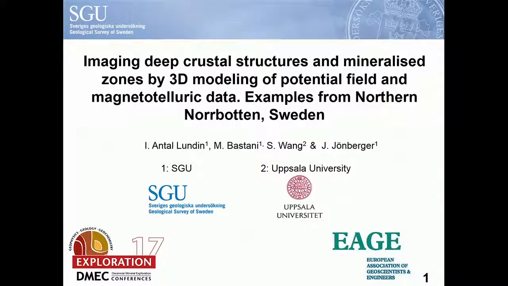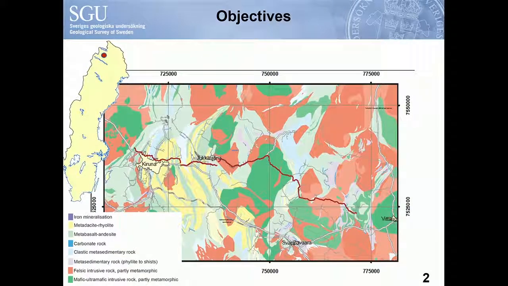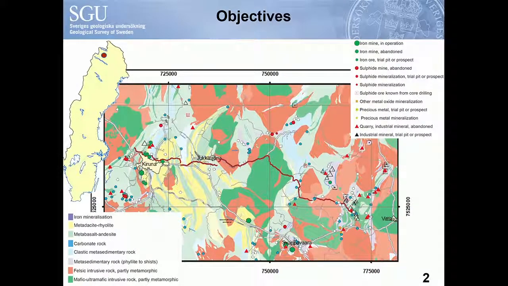This study is about part of a bigger mapping project SGU carried out between 2012 and 2015. So this is the study area, where you see this 74 kilometer seismic line we measured in 2012, and the area is highly rich in zones with mineralizations.